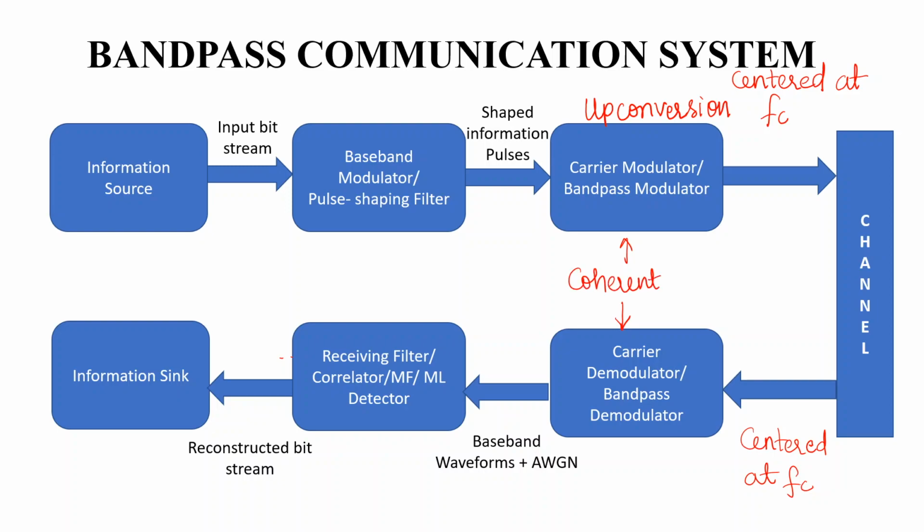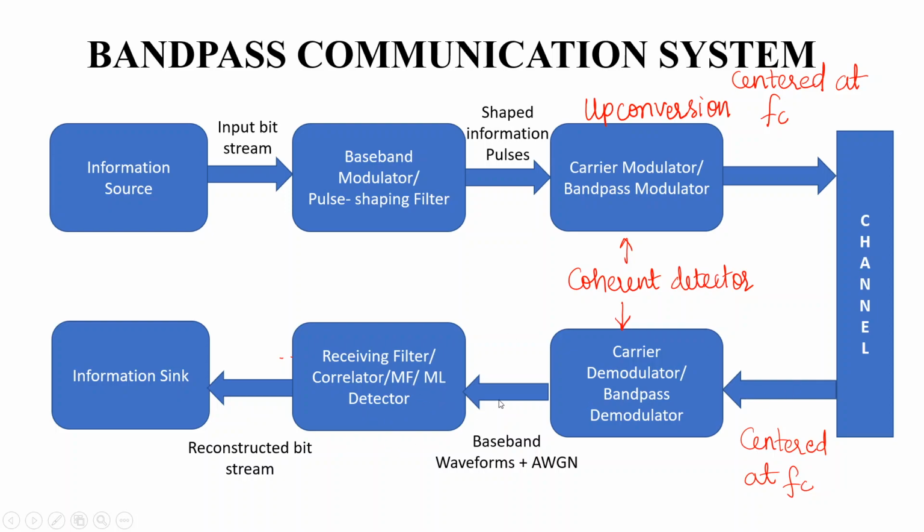We are going to identify the frequency of the carrier and then remove the carrier content by multiplying the received signal with the locally generated carrier, and then we transform the signal to baseband and provide it to the next building block, that is the receiving filter on the receiver side.